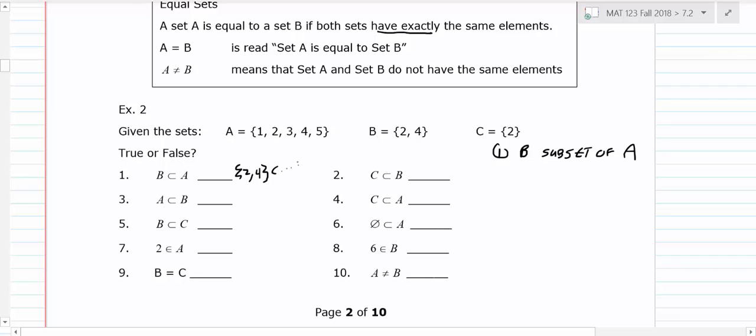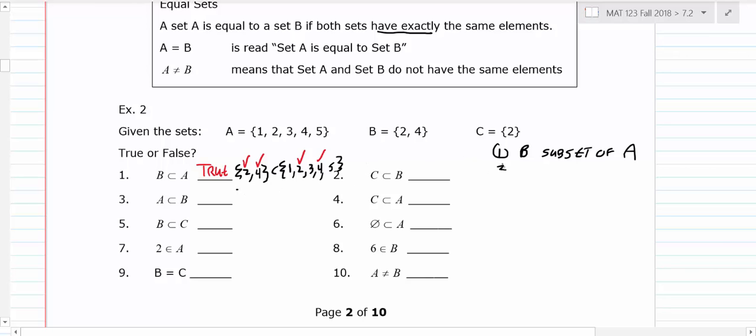We're going to see if that's a subset of set A, which is 1, 2, 3, 4, 5. So here's what you do. You ask this question, and you have to ask it in this order. Is every element of B also in A? Let's start with 2. Is 2 also in A? Yes. 4. Is 4 also in A? Yes. So that means that is true. That is a subset. Everything in B is also in A.